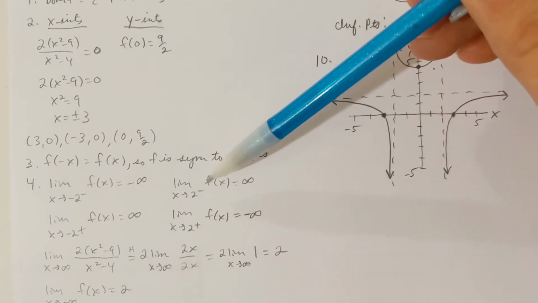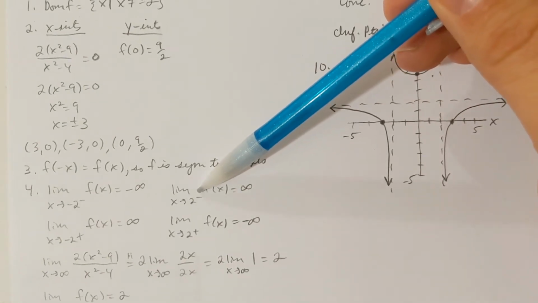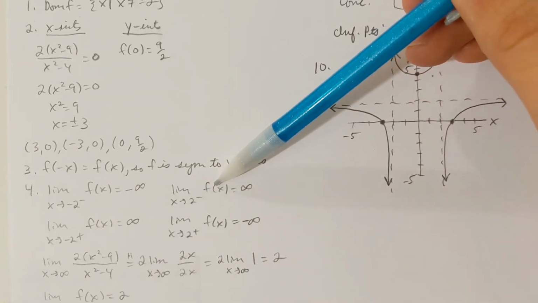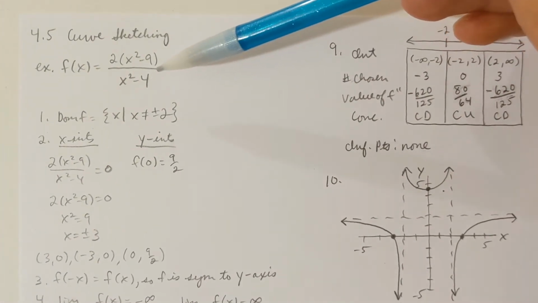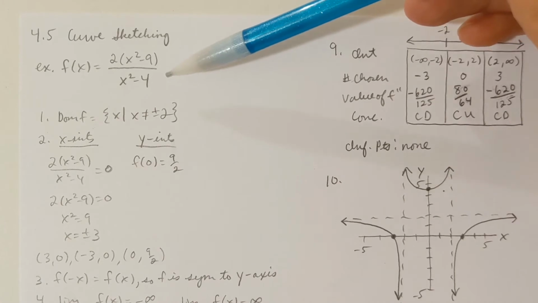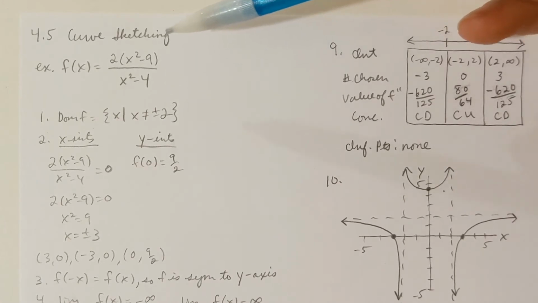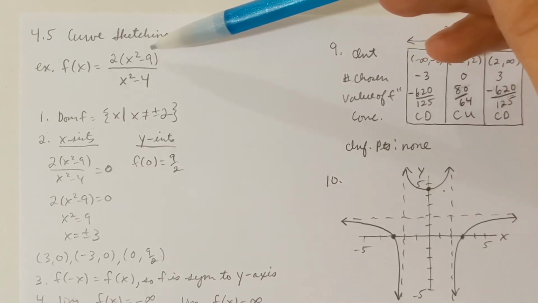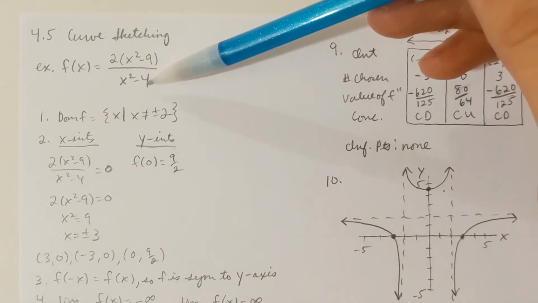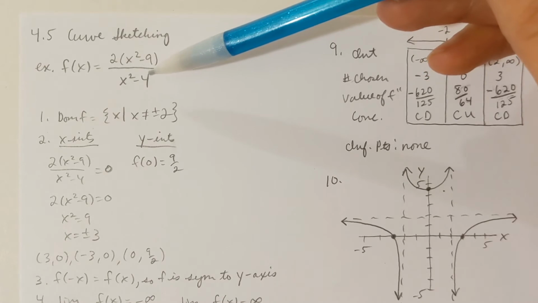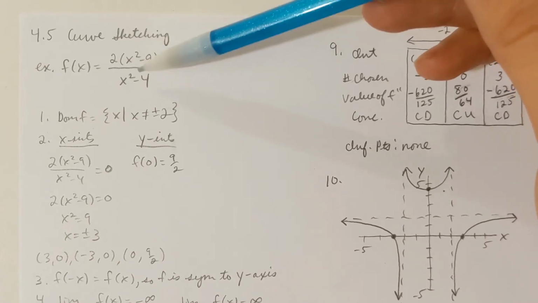Okay, how about the limit as x approaches 2 from the left of f of x? Well, if I'm on the left side of 2, like let's say x is 1.9, I will have a negative in the numerator and a negative in the denominator. Just like I did when x was negative 1.9, right? Because I'm squaring x.